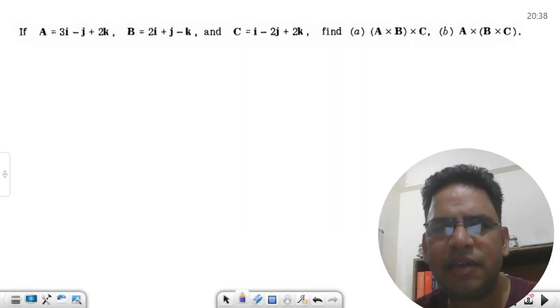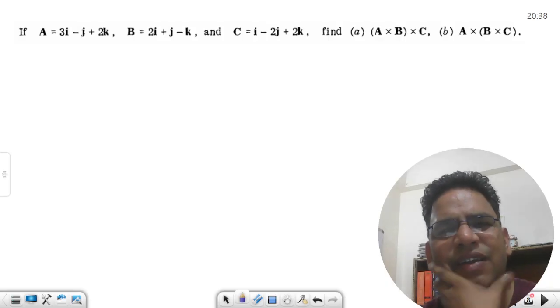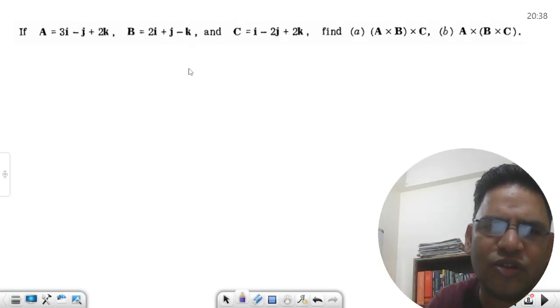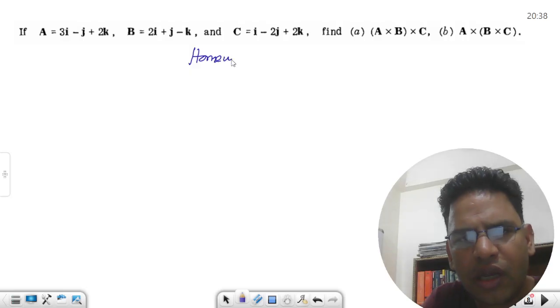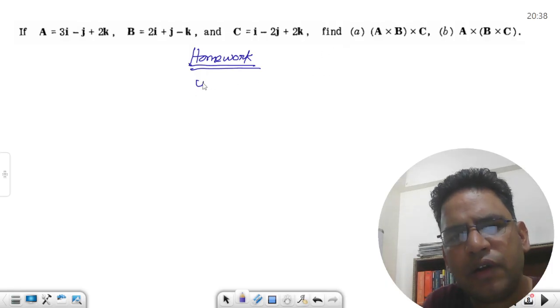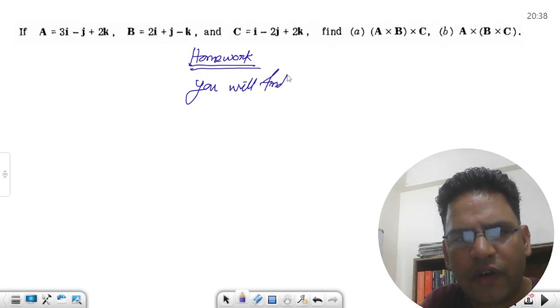Next question: this is a vector a cross b cross c. I think you can do it, and once you do it you will get the idea. Again, it is homework for you. Once you do it you will find out that parentheses are very important.